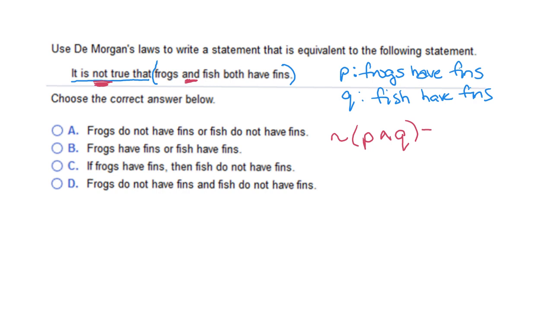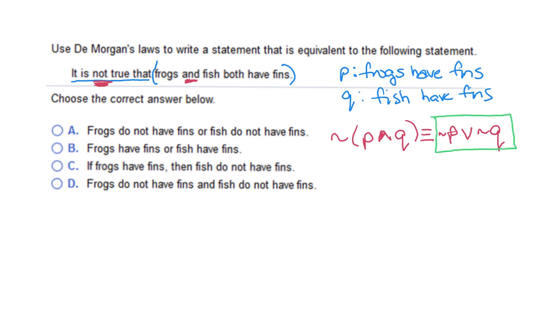When we have a negation of a conjunction, we are using DeMorgan's laws to write an equivalent statement, which is what they want. You take your symbol, which is now the rooftop, and you're going to reverse it and make it a disjunction. What's in front of your conjunction is a P, so we do the opposite, the negation, and the negation of Q. Not P or not Q. At this point, we just need to interpret our result into words.